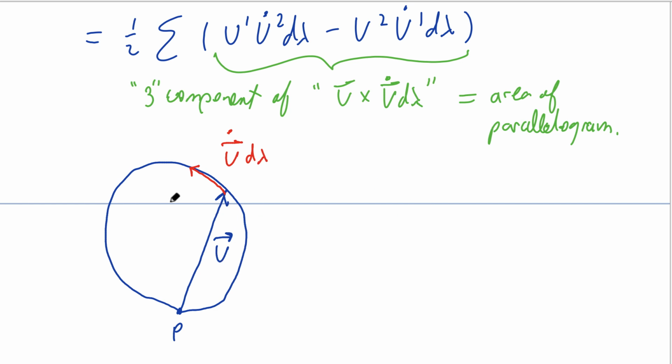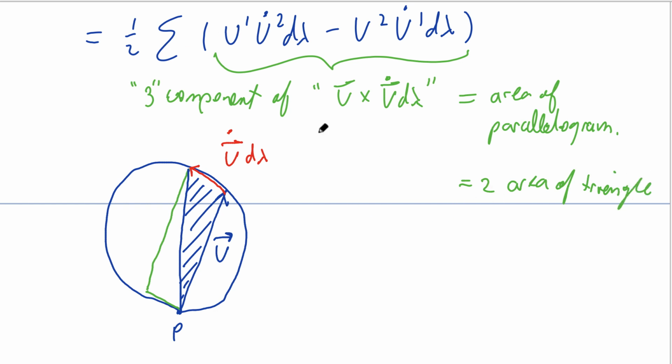So the cross product of these two vectors is the area of the parallelogram spanned by the two vectors. And that's just twice the area of the triangle formed by this wedge between the vector v at lambda and the vector v at lambda plus d lambda. So this combination of components is twice the area of the triangle.